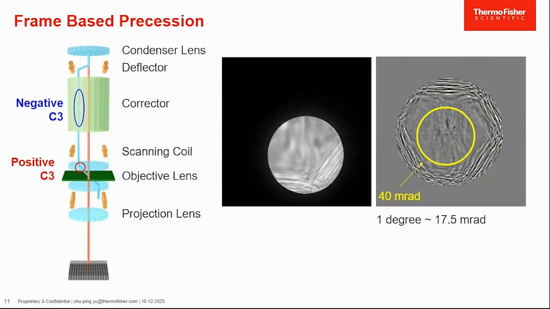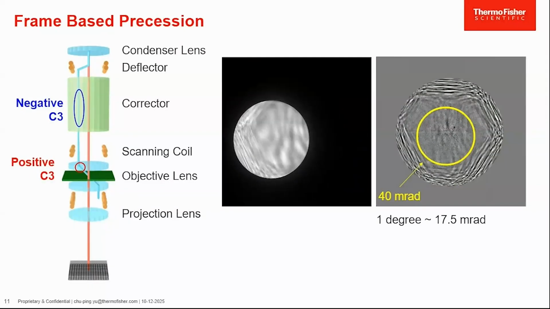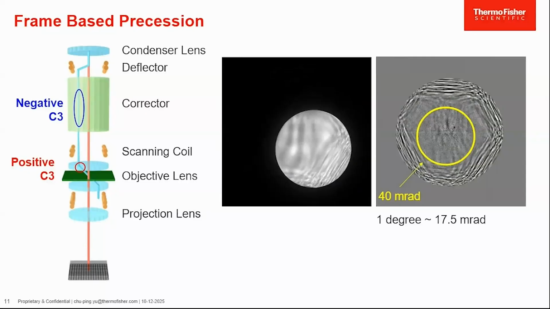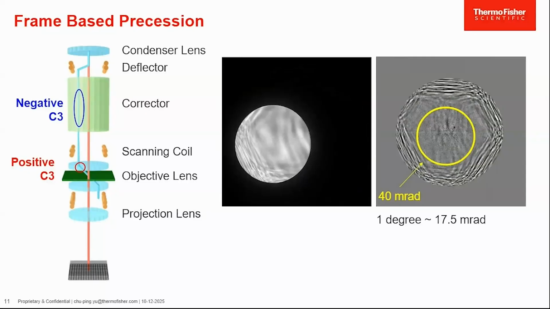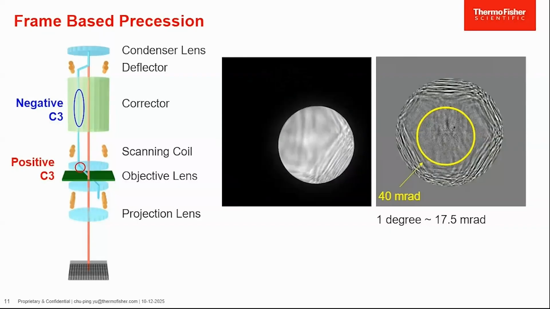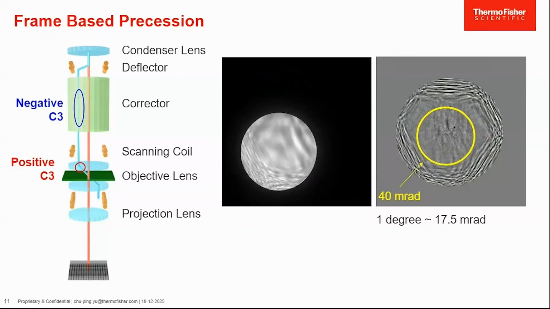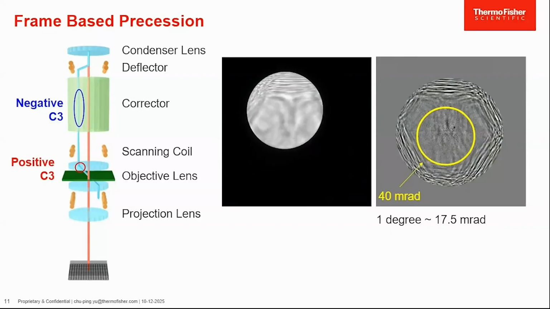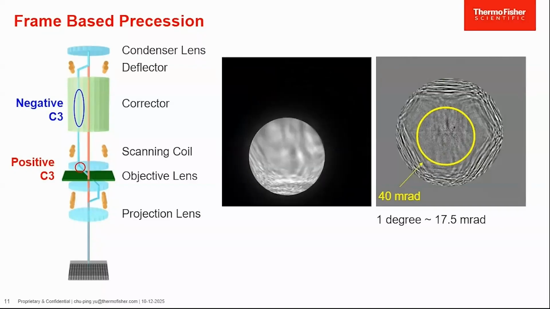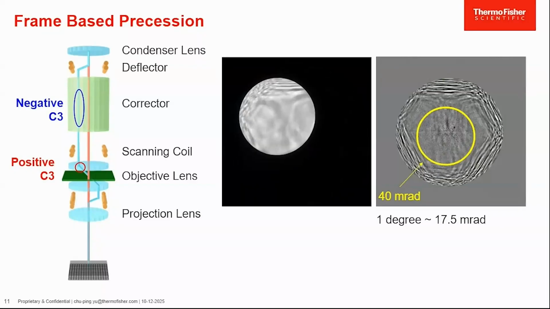From there, it will get a positive amount of C3, or spherical aberration, and these two will cancel each other out, so we maintain the good aberration-free condition for the probe. In the last part, we use the deflector in a projection system to make sure the transmitted beam is always sitting in the center of your detector.